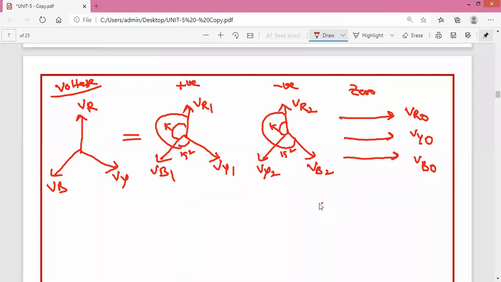For the zero sequence components, there is no rotation and no phase displacement.